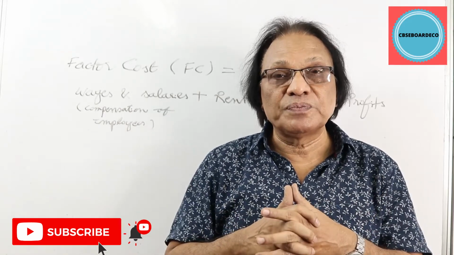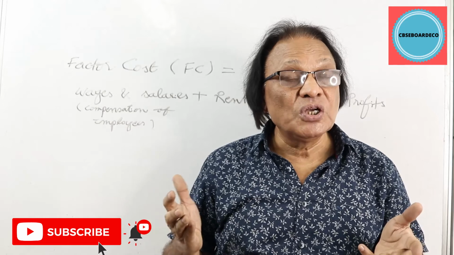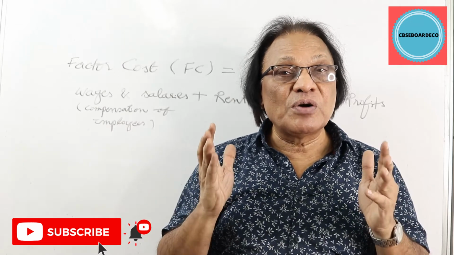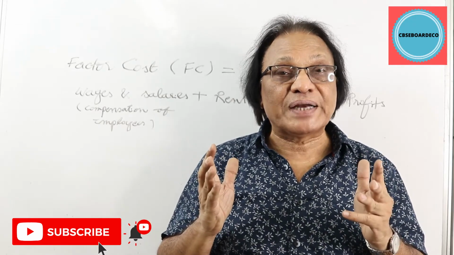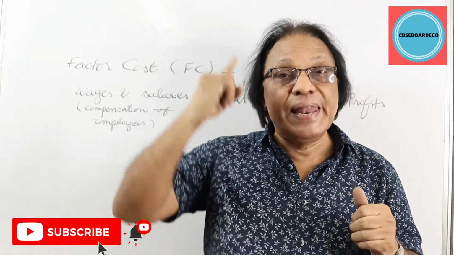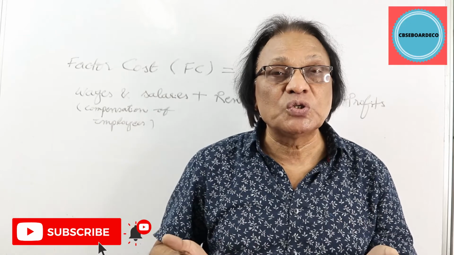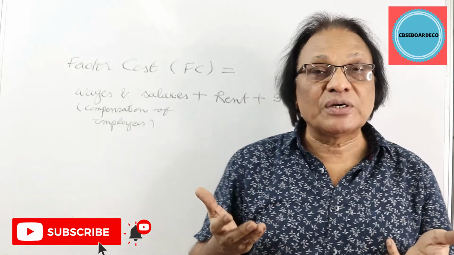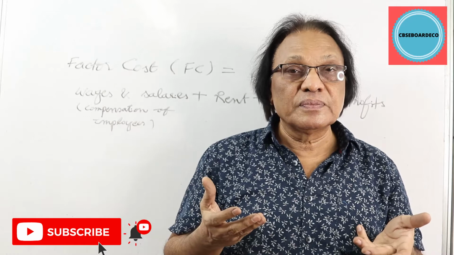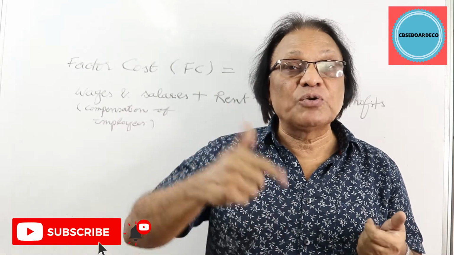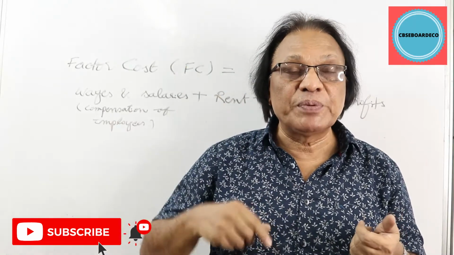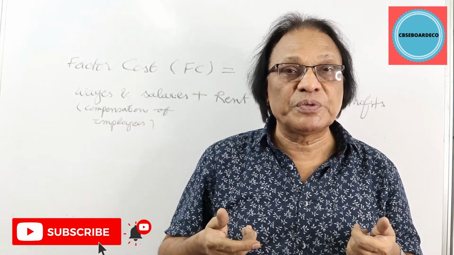If we sum up all these 4 factors of production and their remuneration, we call it factor cost. So what exactly is factor cost? To produce a commodity, the firm needs the services of 4 factors of production: land, labor, capital, and entrepreneurship. The firm has to pay these 4 factors in terms of rent to land, wages and salaries to labor, interest to the capital, and profits to the entrepreneur.